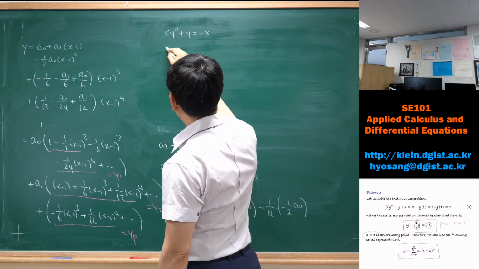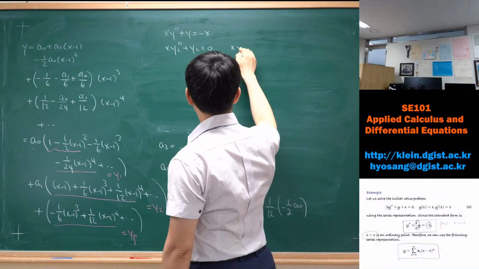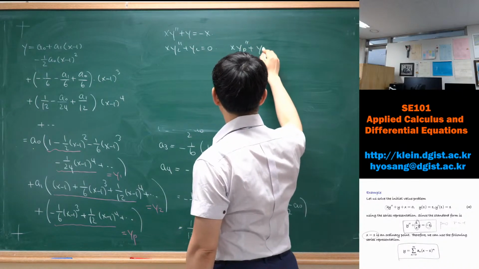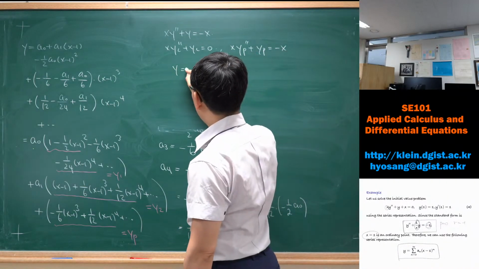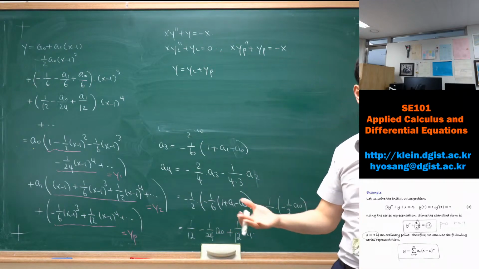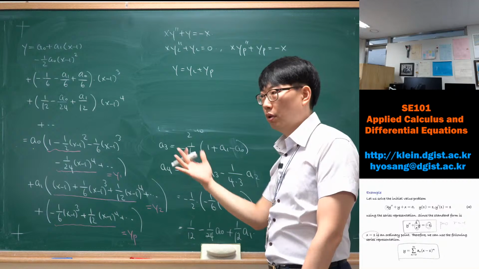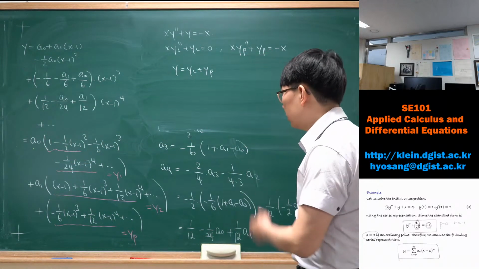So you can separate out yc double prime plus yc equals 0 and yp double prime plus yp equals negative x. So then this y is yc plus yp. So that's the principle of superposition that we talked about a long time ago.